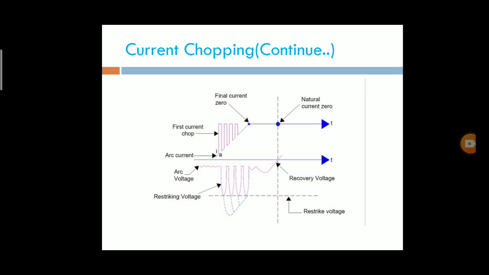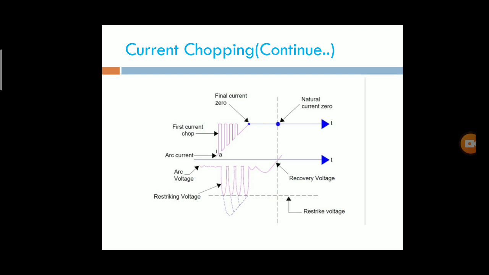By using this resistance across the contacts of the circuit breaker, some current will be diverted to that resistance. That is the main use of resistance switching.